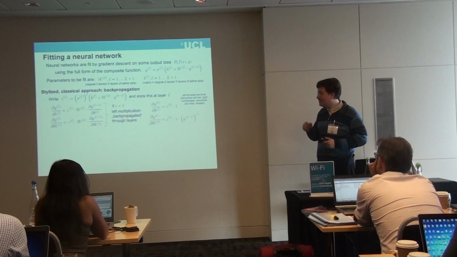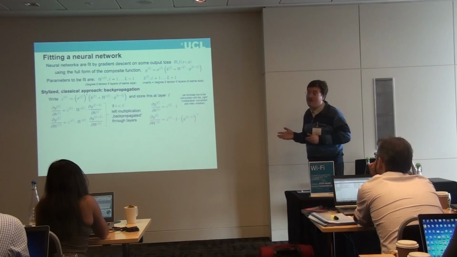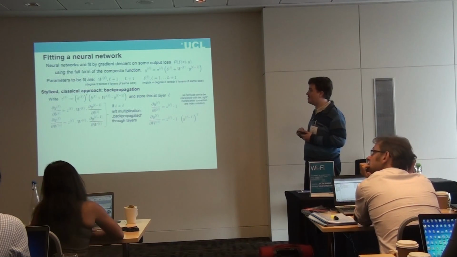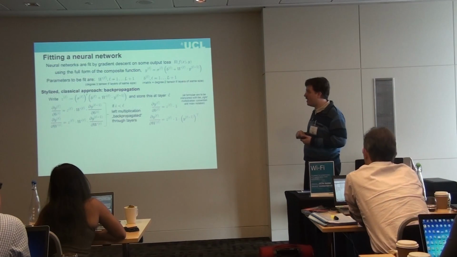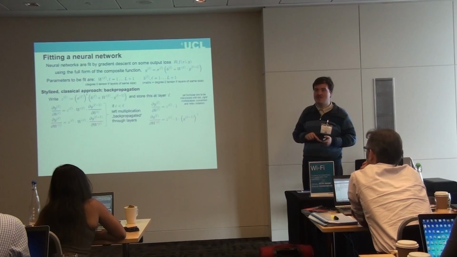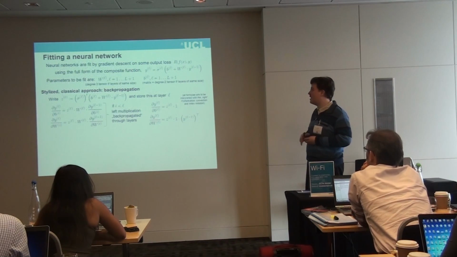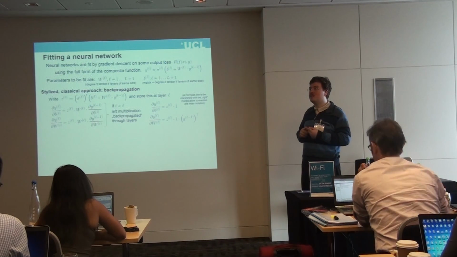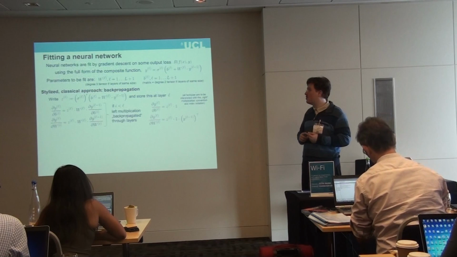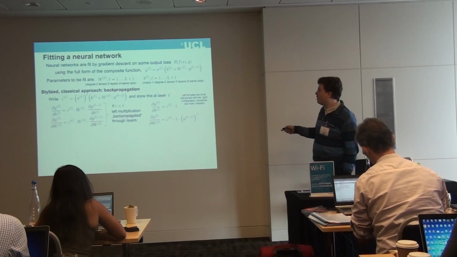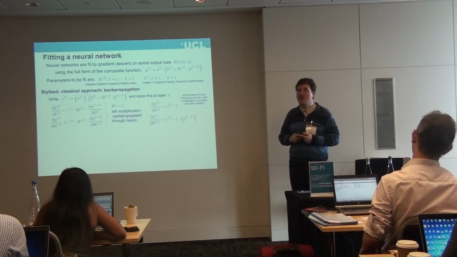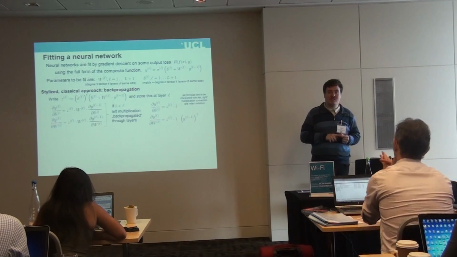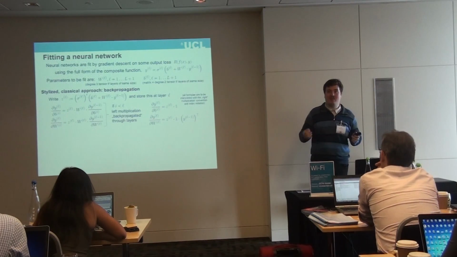Hence, this strategy, or a family of strategies, which evaluates the gradient in a nesting direction that is opposite to evaluating the function itself, is called backpropagation. And it is more efficient to partially store results of your computation, including linear evaluations of your various derivatives, than just to naively evaluate the gradient.